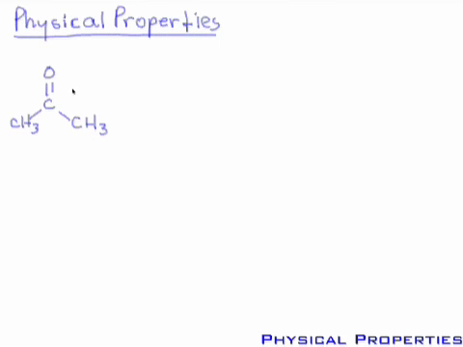For example, they have a polar pi bond. There's a delta minus and a delta plus here. Equally, there's lone pairs on the oxygen, and they both possess the carbonyl pi bond. The dipole is approximately 2.85 debye.